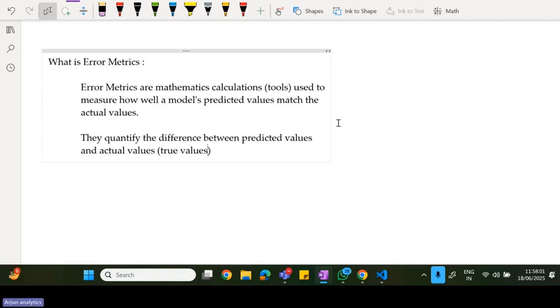Now, this quantifies the difference between predicted and actual values, which helps us to understand how accurate the model's prediction is.